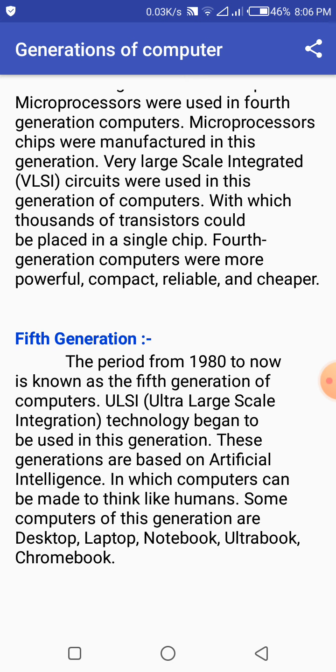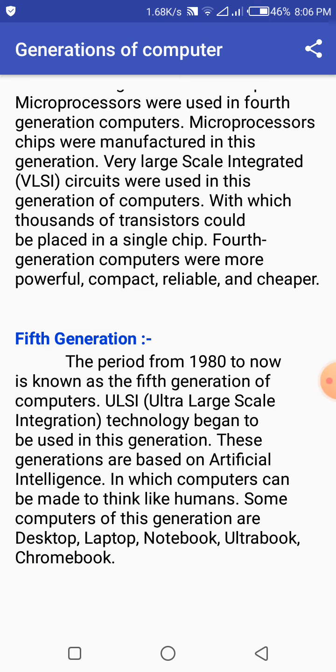Very large scale integrated, VLSI, circuits were used in this generation of computers, with which thousands of transistors could be placed in a single chip. Fourth generation computers were more powerful, compact, reliable, and cheaper.